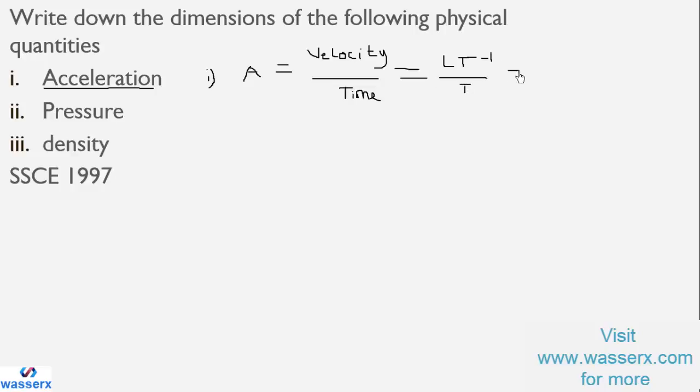Now this will simplify using indices, giving us length per time squared. So that is the derived unit for acceleration.